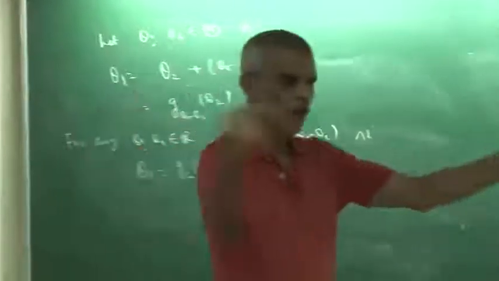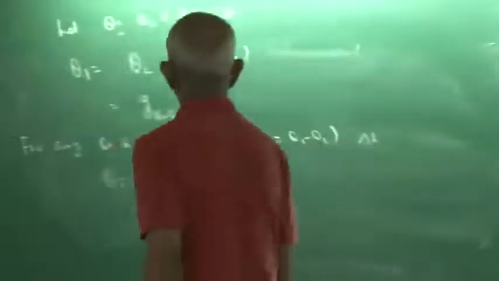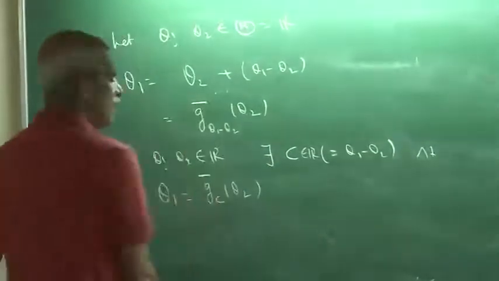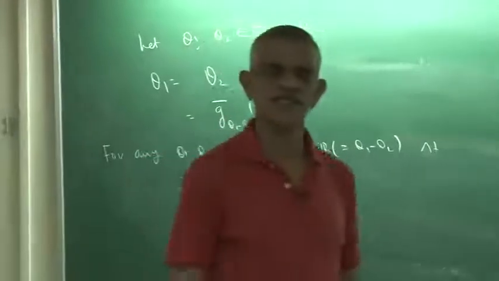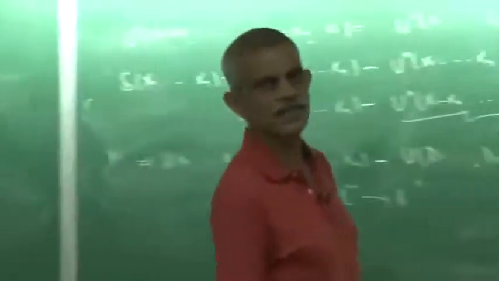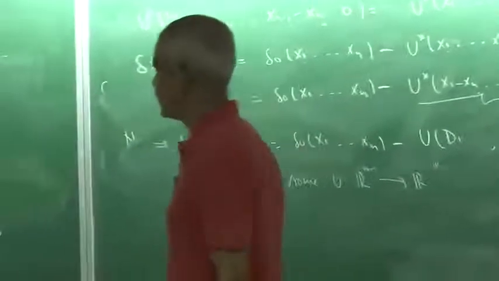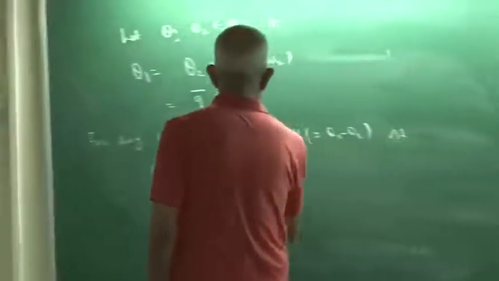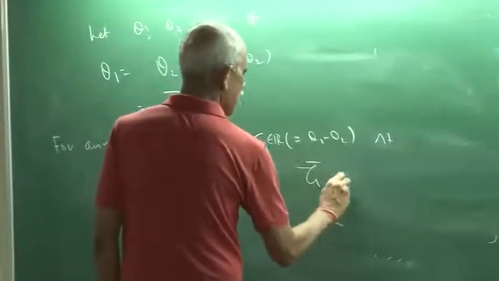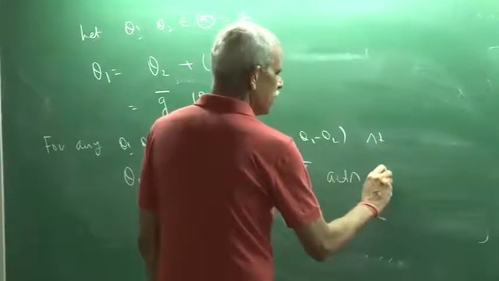That means any two points in the parametric space are related through G bar C, which is equivalent to saying that G bar acts transitively.